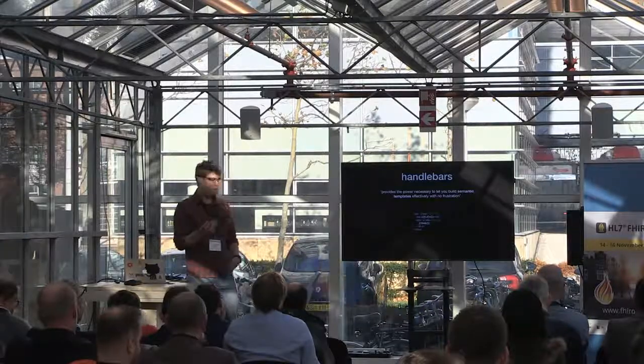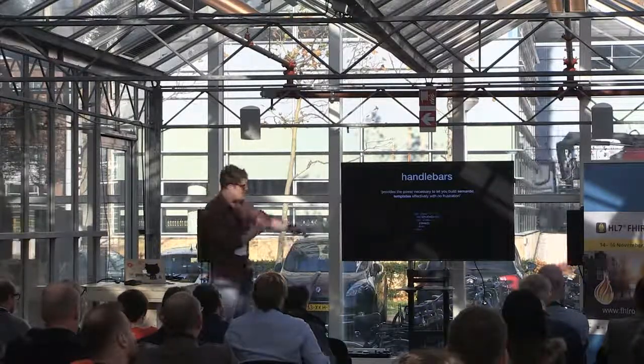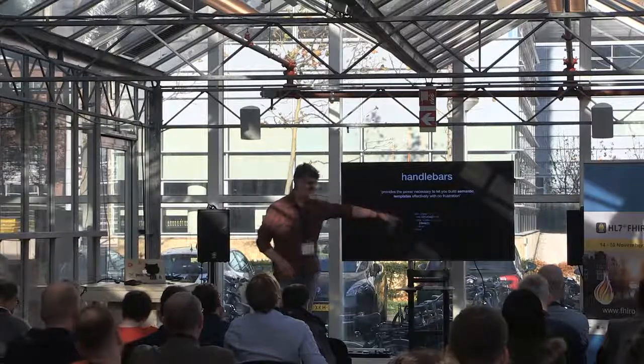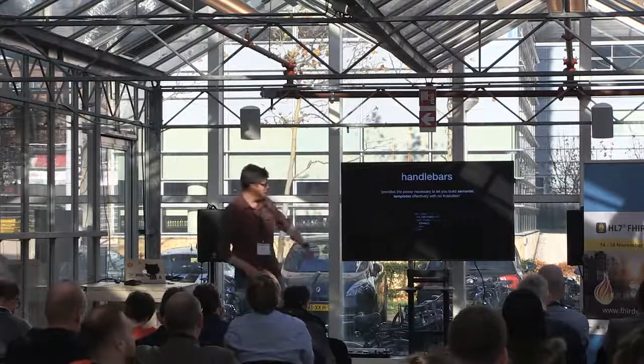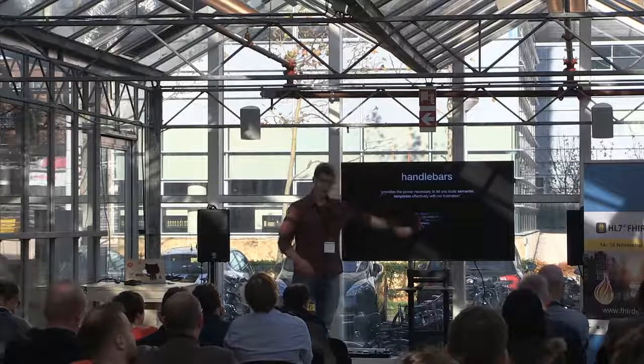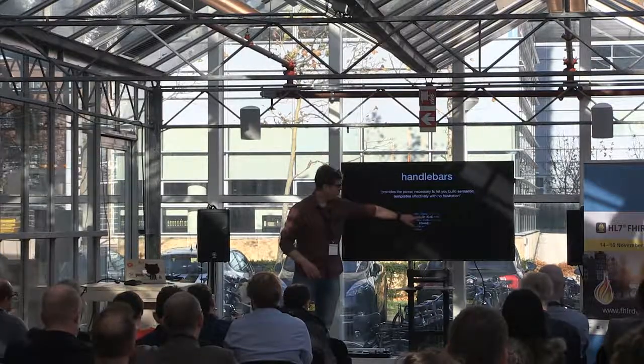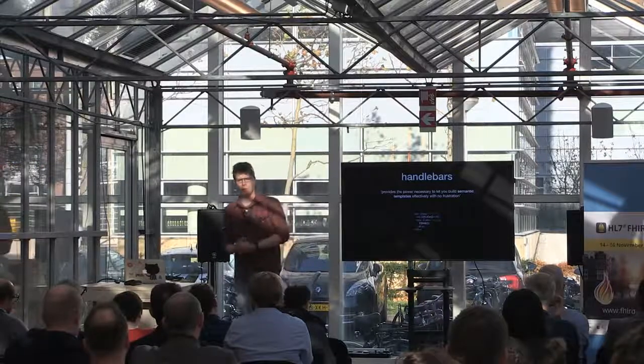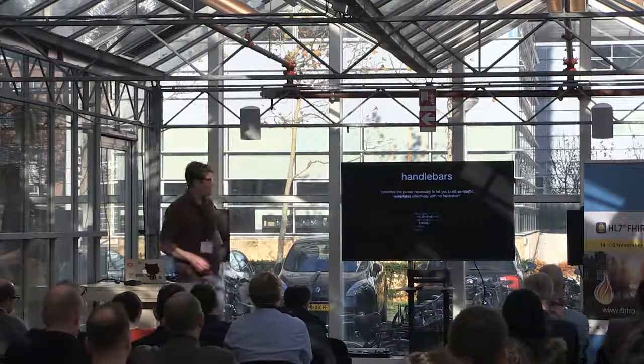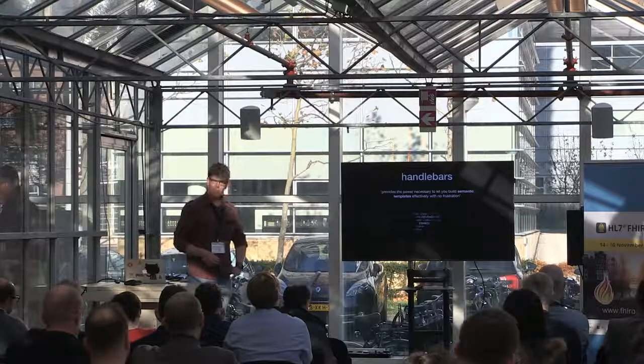The one we chose to use was called Handlebars. If you look at the example here, there's a little fragment of HTML, and where it's got these double curly braces, it will populate at runtime. It will render the data into the title and the body sections of that fragment.